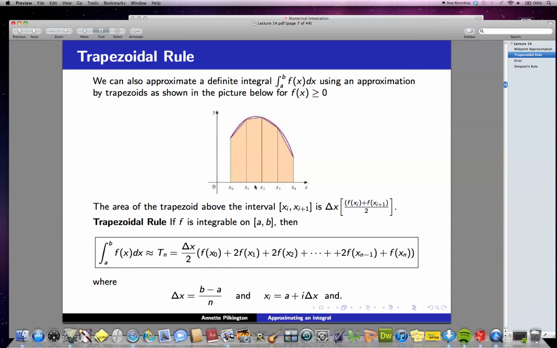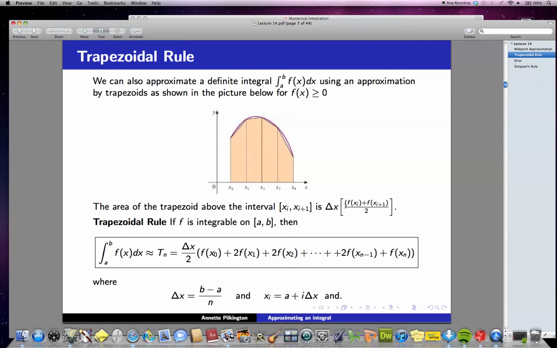And the area of the trapezoid between x0 and x1 is delta x, which is, as before, the length of the base of the trapezoid, b minus a over n, times f of x0 plus f of x1 over 2. And if you think hard about it, it's not too difficult to figure out that this is the area. In fact, it's the average of the areas of the two rectangles, the left endpoint rectangle and the right endpoint rectangle here.